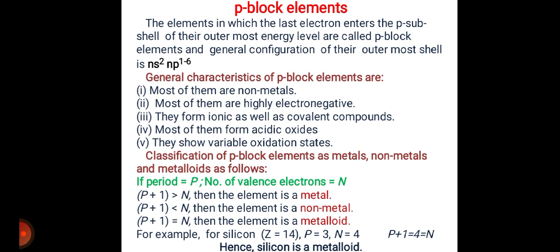For example, silicon, atomic number 14. It depends on the period, P is 3, and N is the valence electrons of silicon, 4. So P plus 1 is equal to 4, then silicon is a metalloid.